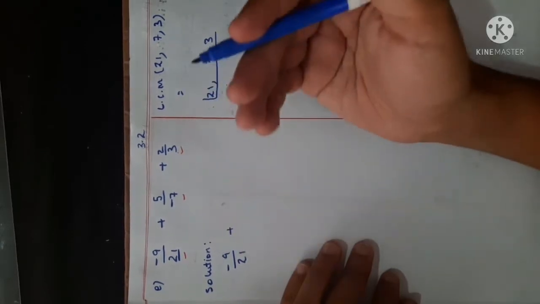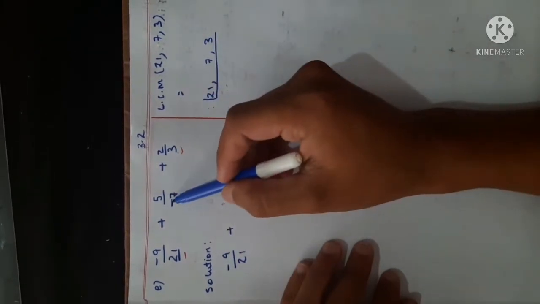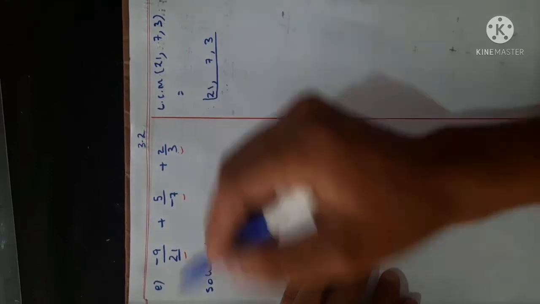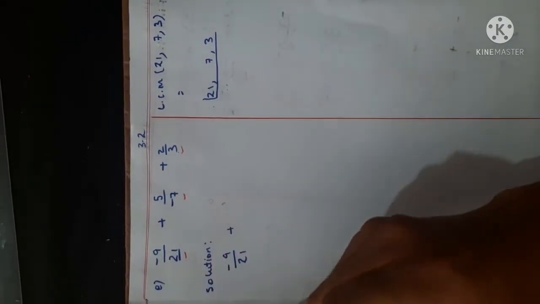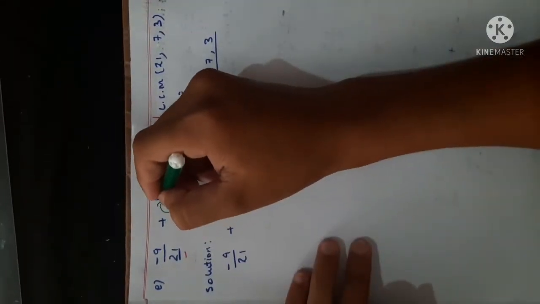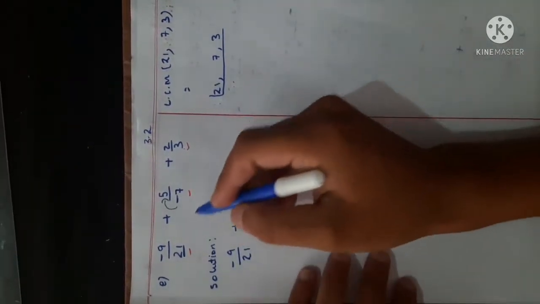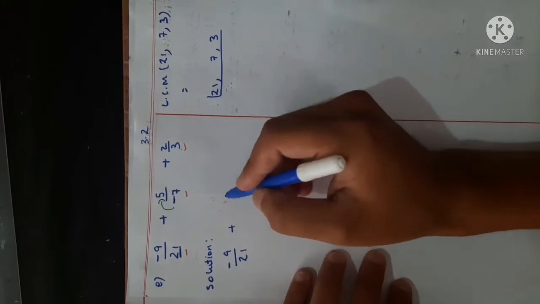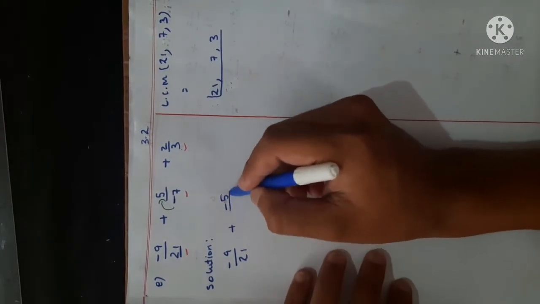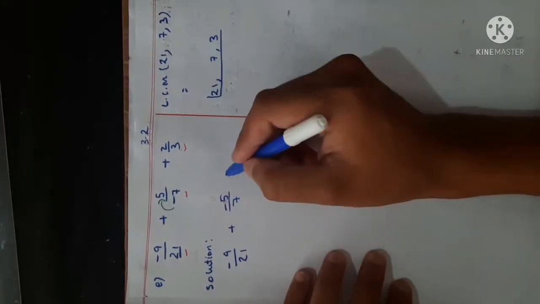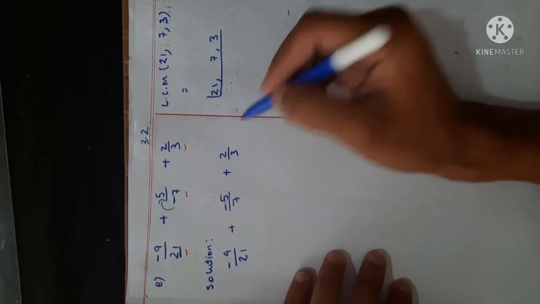So we do not put the minus in the denominator. If there is minus in the denominator, we always carry it to the numerator. Remember that. So this will become minus 5 by 7.